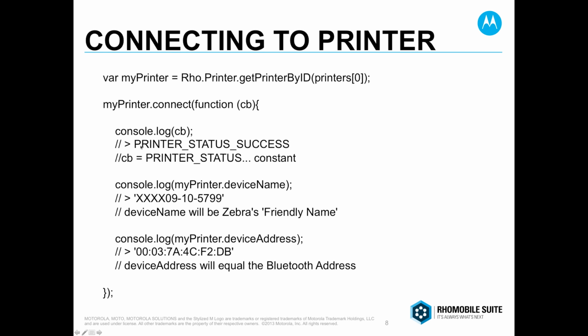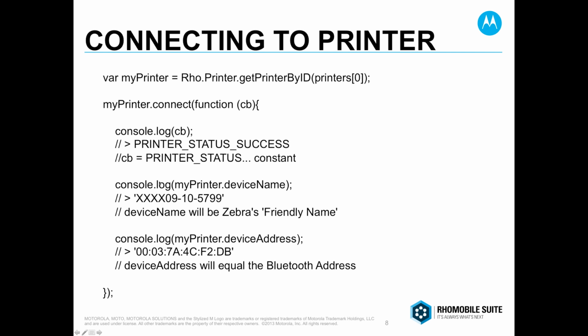In this case, we're logging the information that we got from the callback. What you'll see is that we now have on the my printer variable the device name, so we can print out the friendly device name. We also have the device address. So the callbacks will have a status, and then you'll have the appropriate variables available on the variable that you supplied.